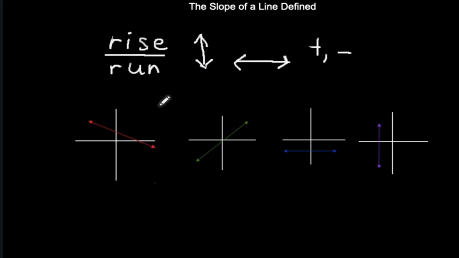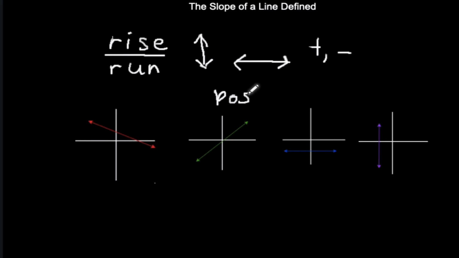Well, with a slope, if it's going upward from left to right, then it has a positive slope. So a good example of this is this slope right here. Looking from left to right, you can see that this is a positive slope. So I'll write POS for positive in case you're taking notes on this.